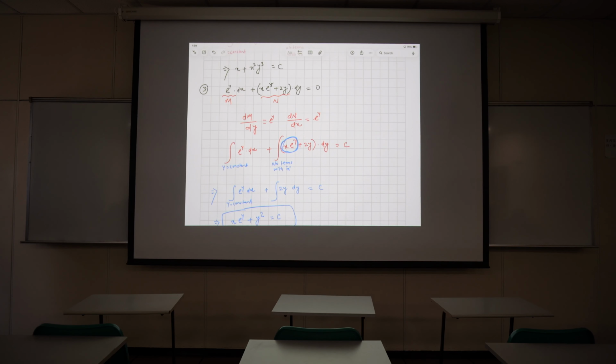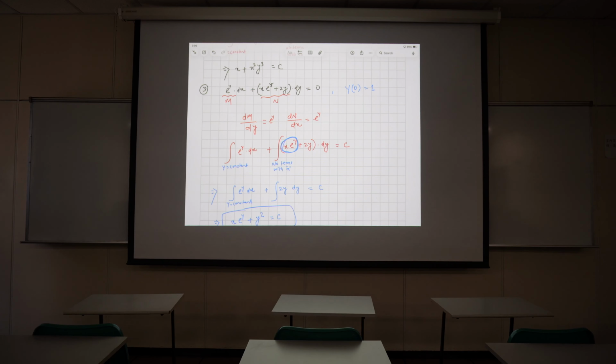Suppose I give a condition here, y of 0 is equal to 1.